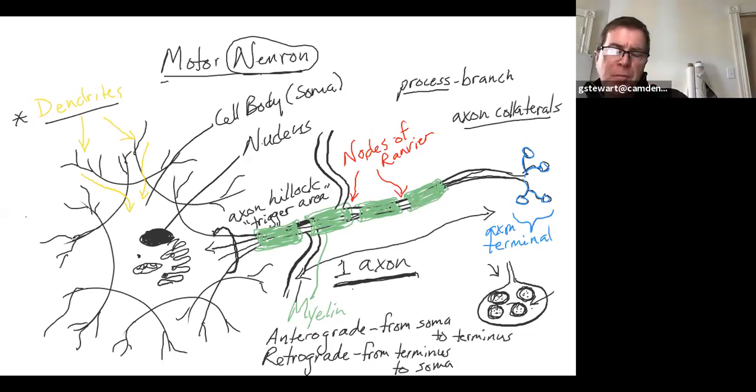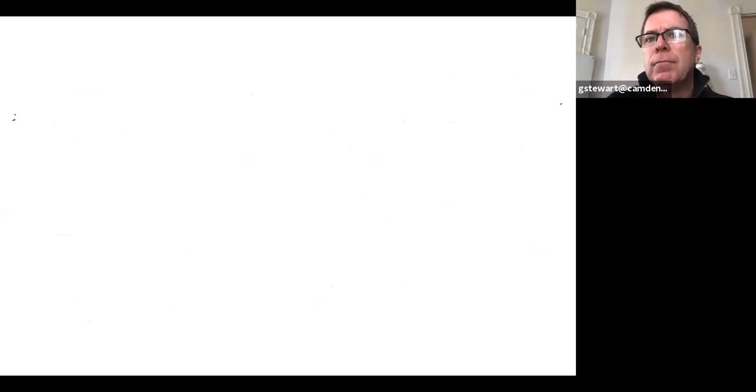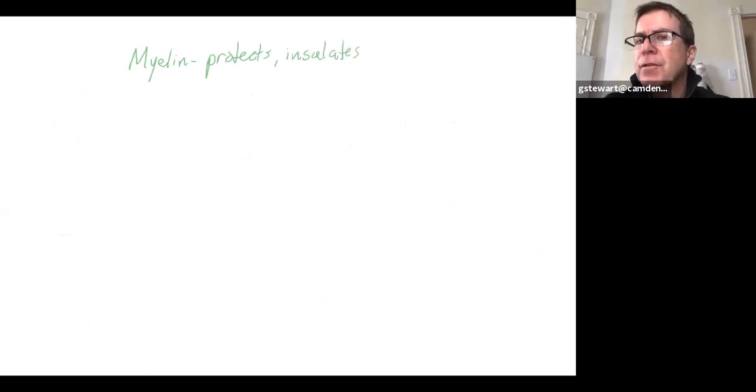This stuff, it protects, insulates. Let me go to a new page and just write myelin. It protects, insulates, and probably most importantly, not that the other two aren't important, it speeds up transmission of the electrical impulse.